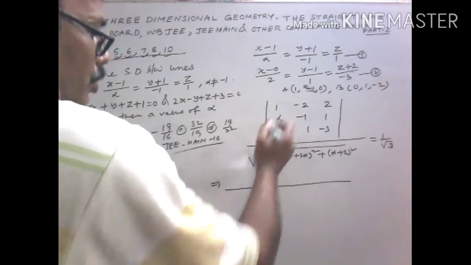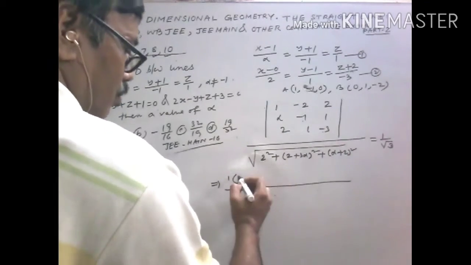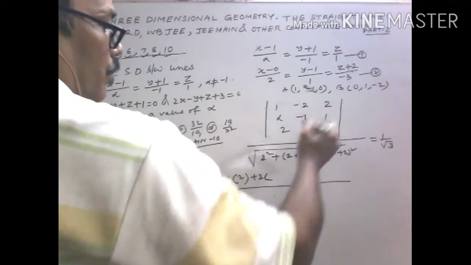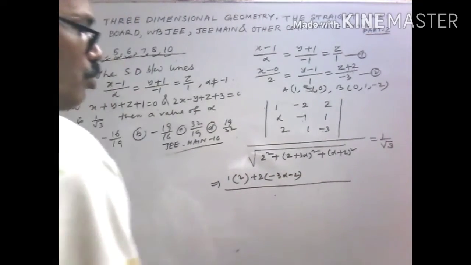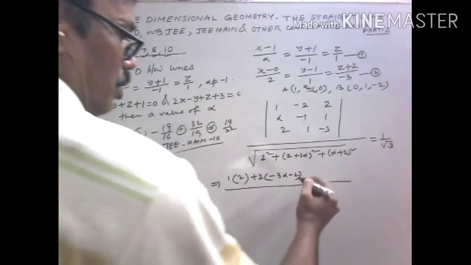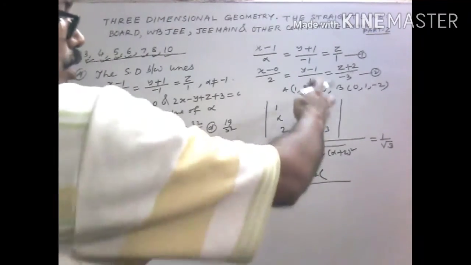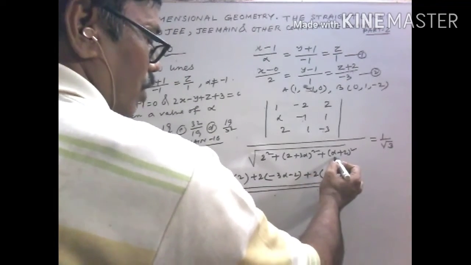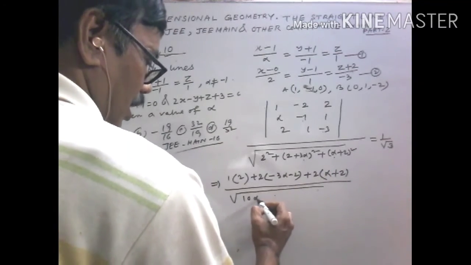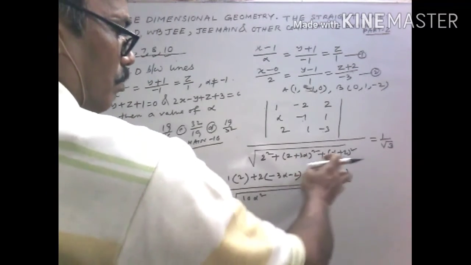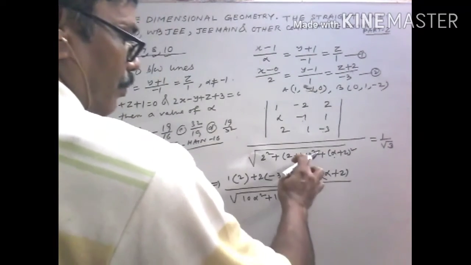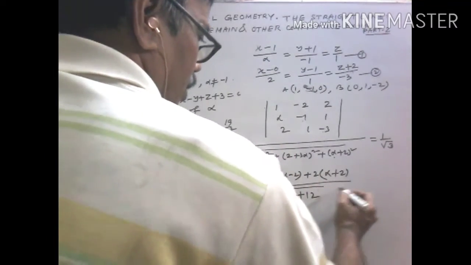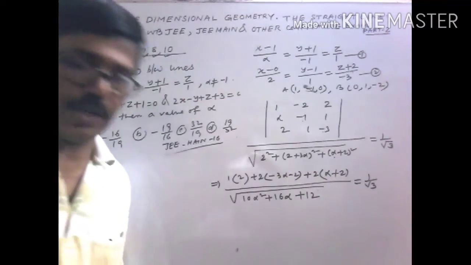If we solve it: 1 into (3 minus 1) is 2, and then the other terms, minus 3 alpha minus 2, plus 2 into (alpha plus 2), over the root of alpha square plus 9 alpha square, so 10 alpha square; 12 alpha plus 4 alpha is 16 alpha; 4 plus 4 plus 4 is 12, equals 1 by root 3.